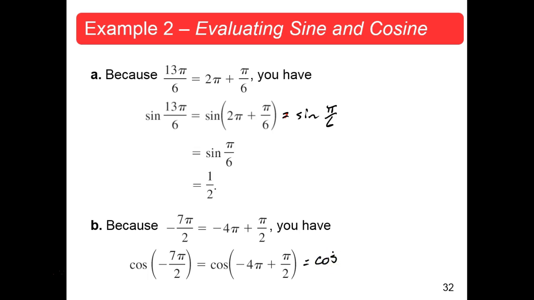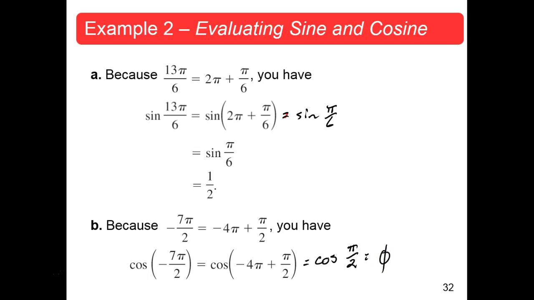Pi over 2. And what is the cosine of pi over 2? Sine of pi over 2 is 1. Cosine of pi over 2 is 0, the x value. Pi halves is straight up, the x is 0 there.